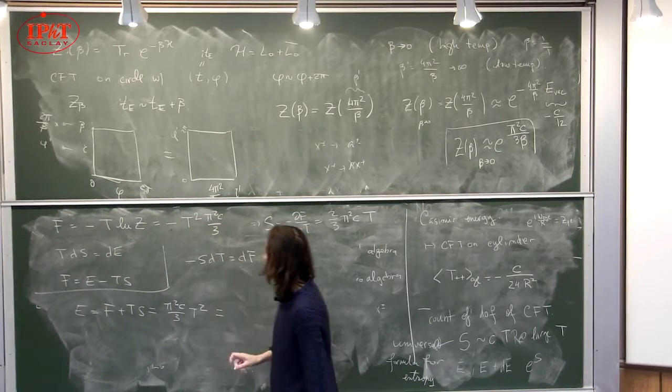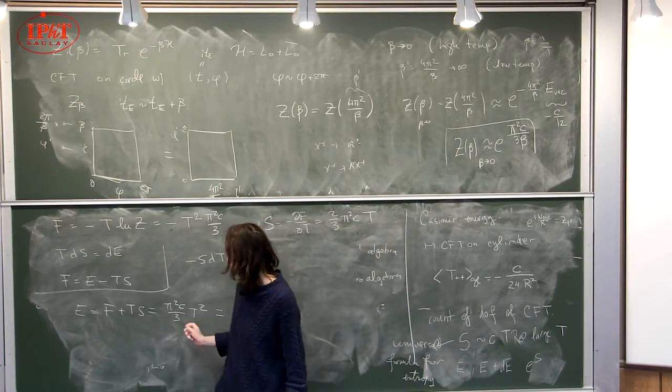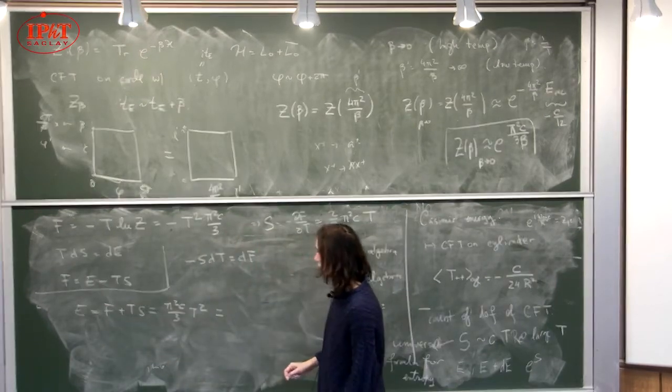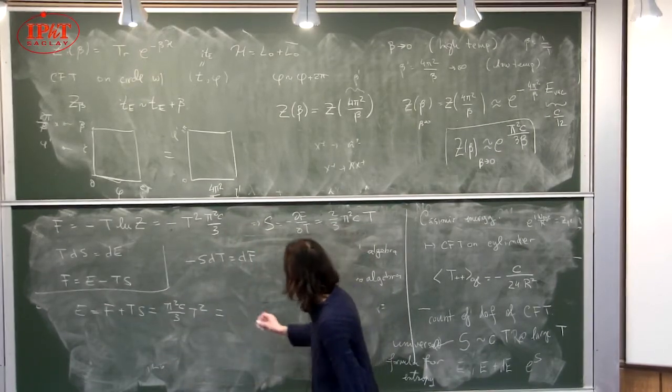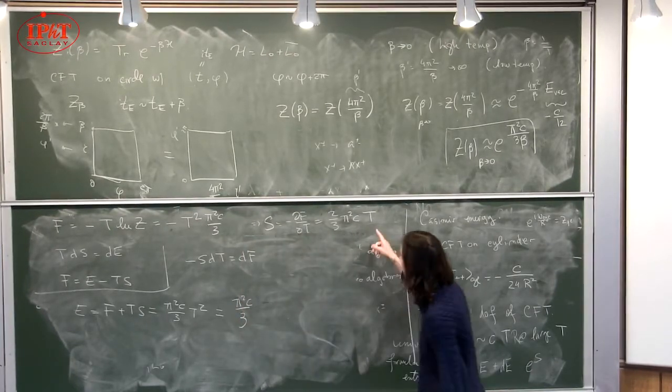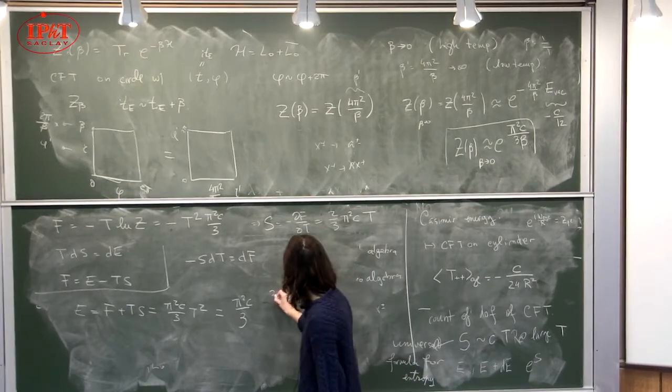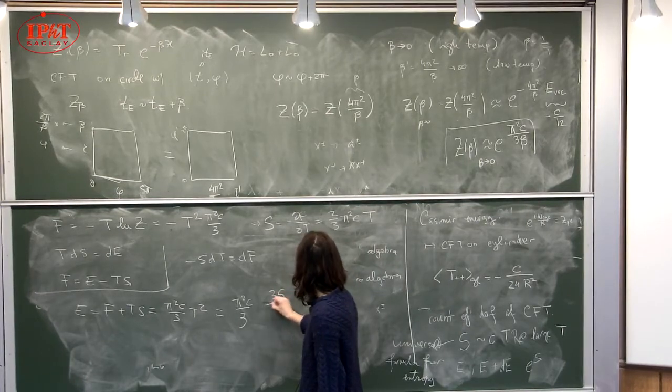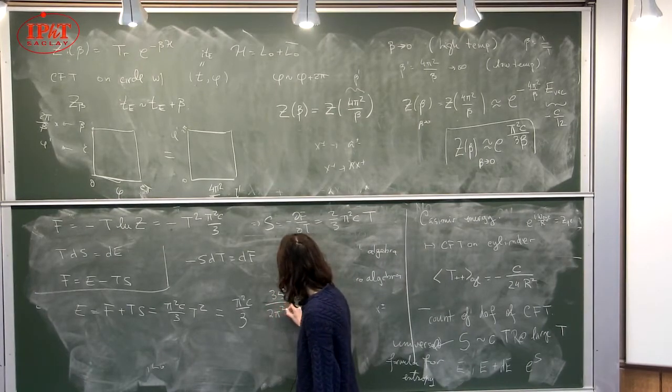And now I want to write this in terms of the entropy, because once I write it in terms of the entropy, I get the entropy as a function of the energy. So this is pi squared c over 3, and now I need T as a function of S, so that's 3S over 2 pi squared c, squared.